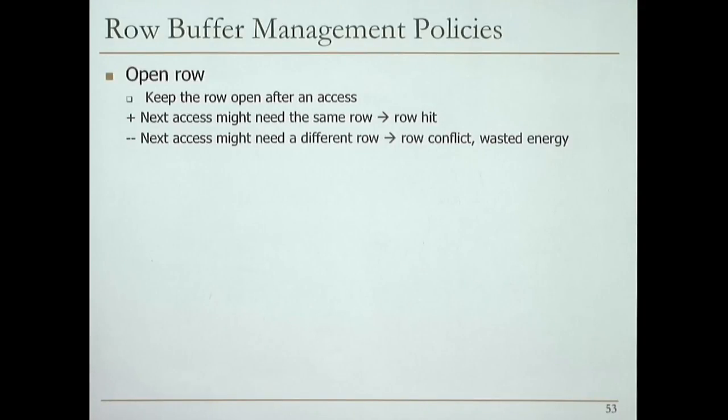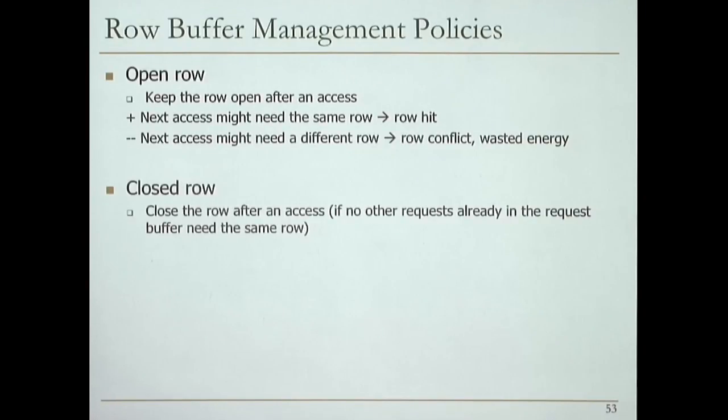And why wasted energy over here? Because keeping the row open wastes energy. An open row gets connected to the cells, and you basically have a feedback loop. It's an activated row buffer. You waste a lot of dynamic energy by keeping the row open. So there's a trade-off.